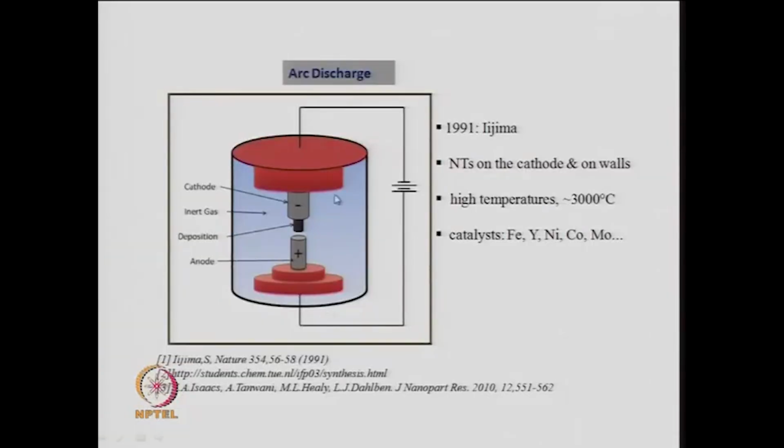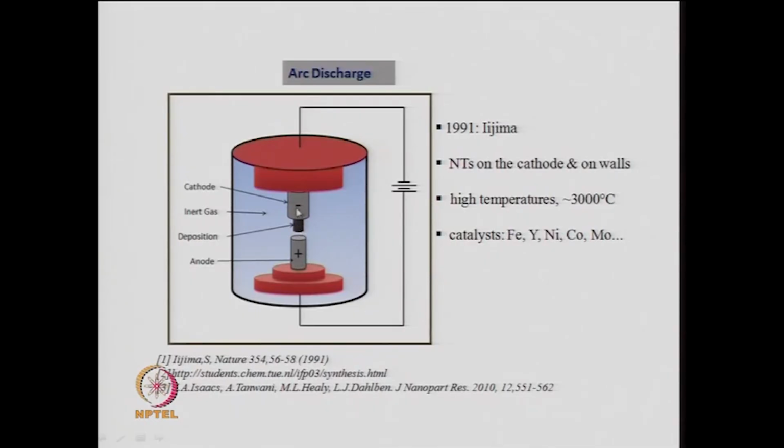Now, this is the arc discharge method, the process shown here as developed by Iijima. The nanotube was first observed by Iijima in 1991 in an electron microscope, and it was made using this arc discharge method, where you have a cathode and an anode, and there is a deposition of the carbon nanotube on the cathode.